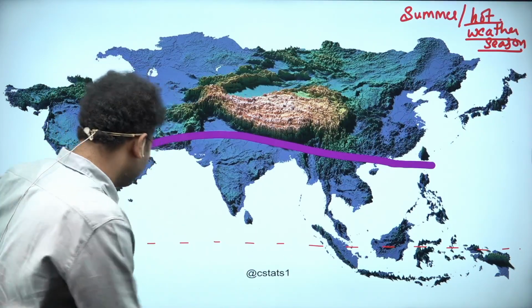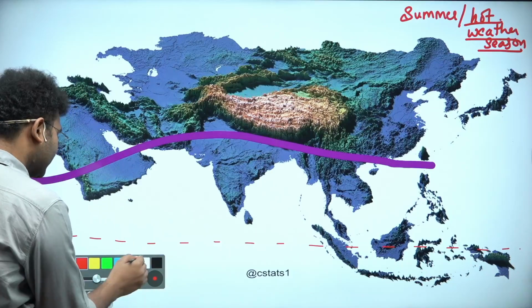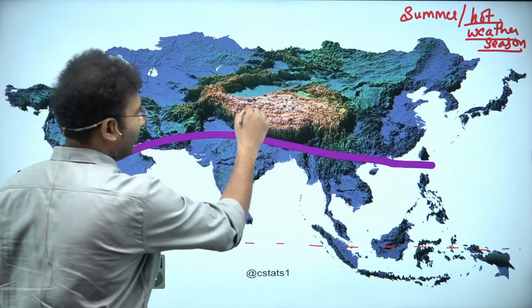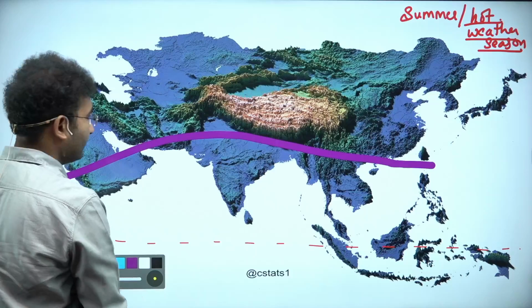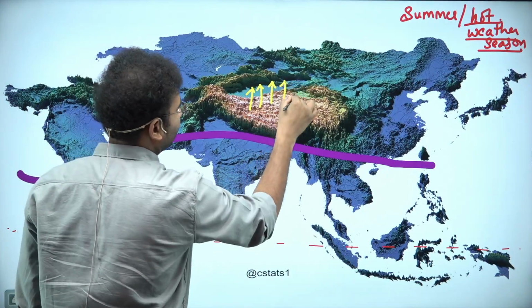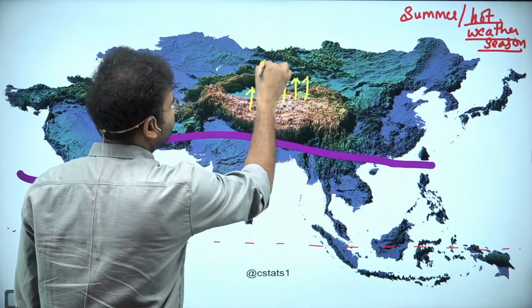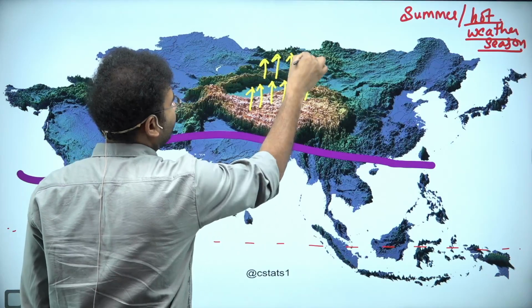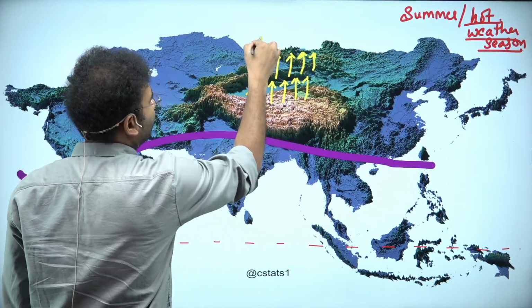Now in this heat engine, your Tibet behaves like this. Look here, all the heat that is there is going to radiate. The air is going to rise.